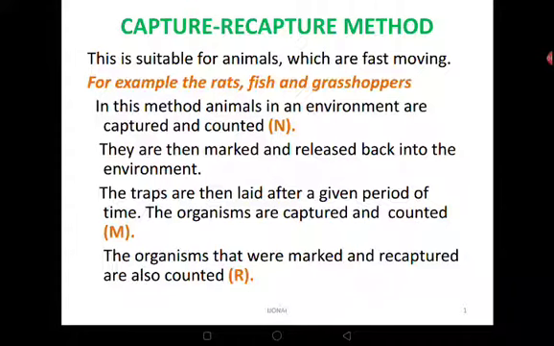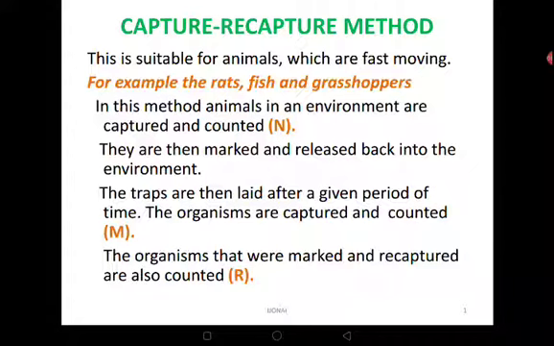After some time, after you have estimated that they have uniformly mixed with the rest, you again set your trap, capture them again for the second time, and then count them. How many are they? Maybe 50, maybe 100. Call them M. But among those you have captured for a second time, there are those that appeared the first time that have the marks. Isolate them and count them. Then you call that particular group R.